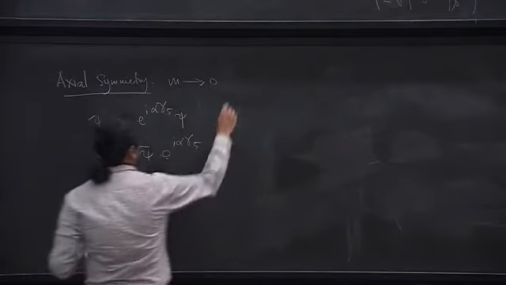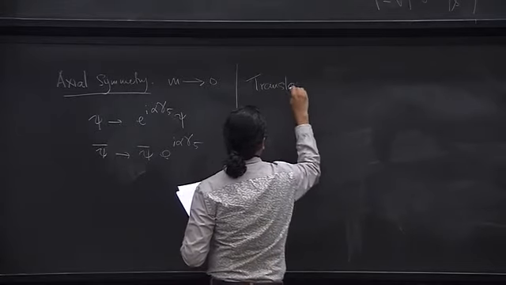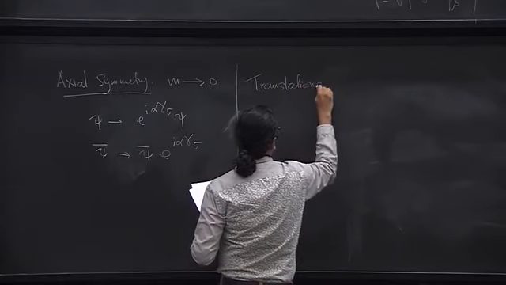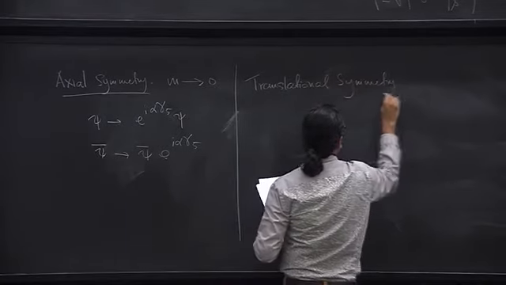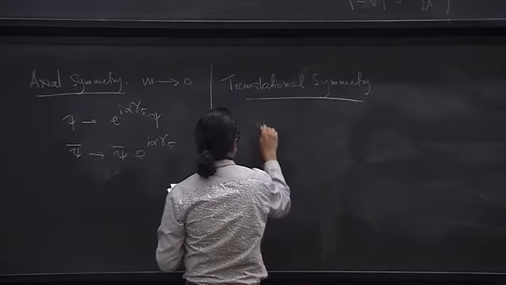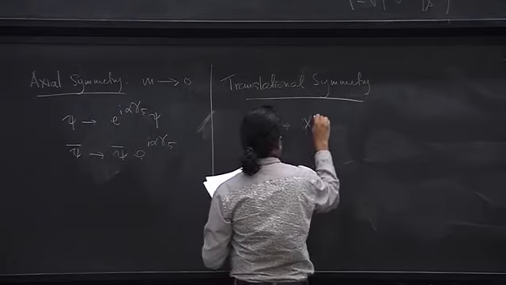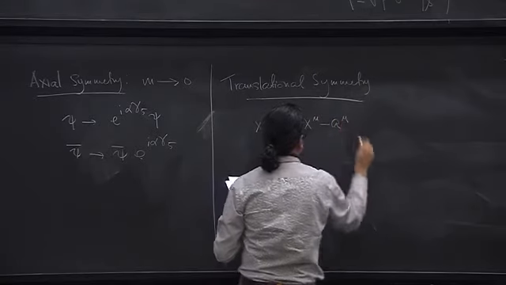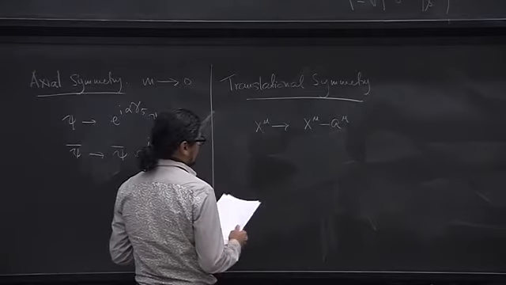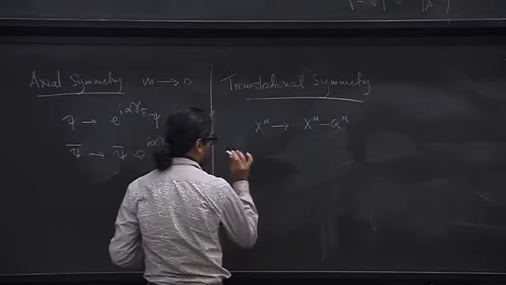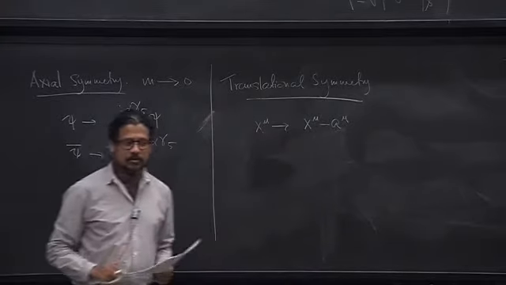And then we have translational symmetry. So if you translate your space-time, Noether's theorem gives you a set of 4 conserved currents, because there are 4 transformations here.